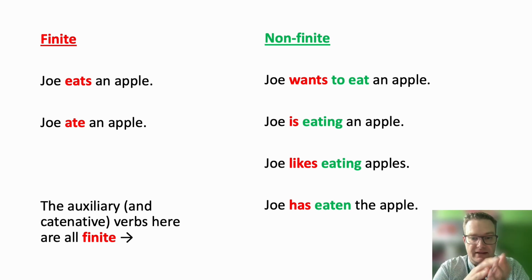Wants is finite, that's present tense, I want. But to eat is infinitive, so that's non-finite. And then Joe is eating an apple. The is is the finite verb there. And then Joe likes eating apples. Likes is, again, a finite verb. And Joe has eaten the apple. The has is the finite verb there. This is going to matter later on, because to find a sentence or a clause, you're going to be looking for a finite verb, because every sentence or clause will pretty much have to have one.